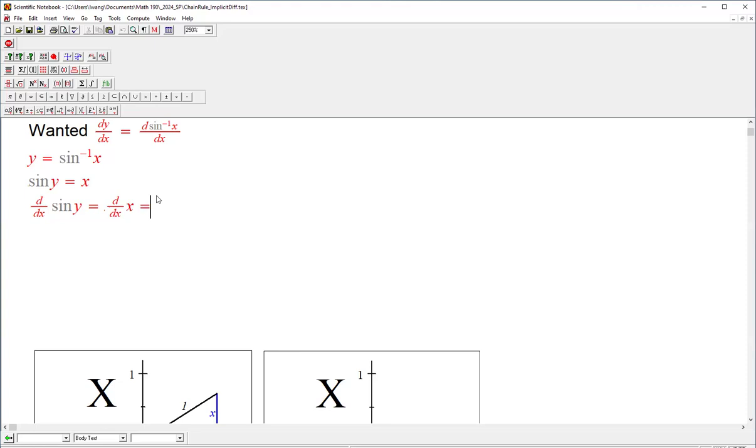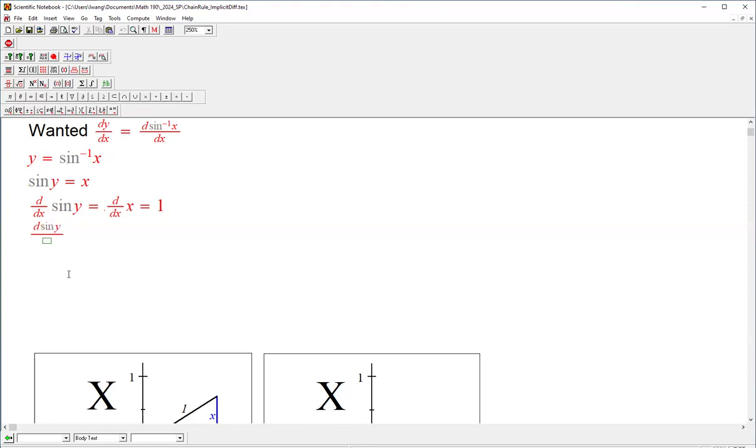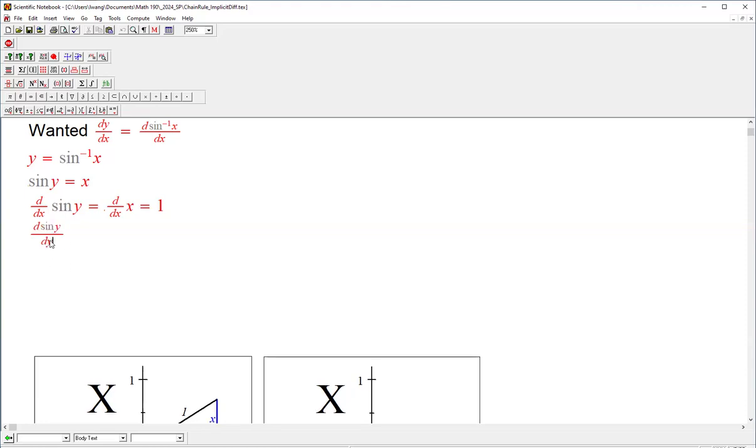The right-hand side, of course, is equal to 1. On the left-hand side, we apply the same rule, which means that we're going to have the derivative of sine of y over dy, multiplied by dy/dx.